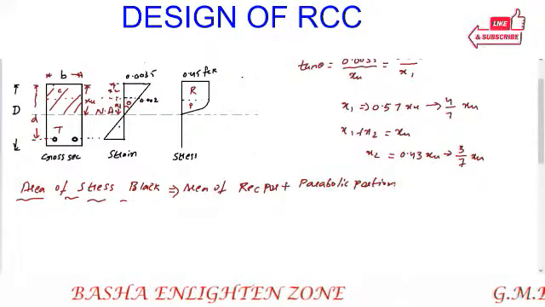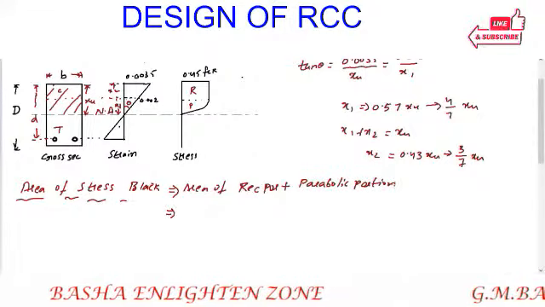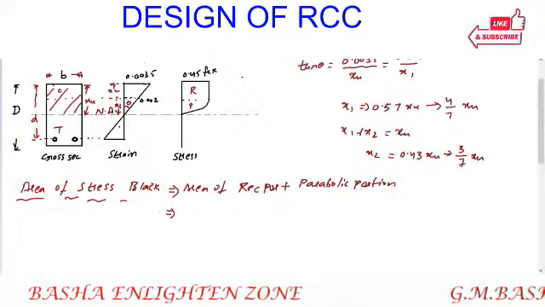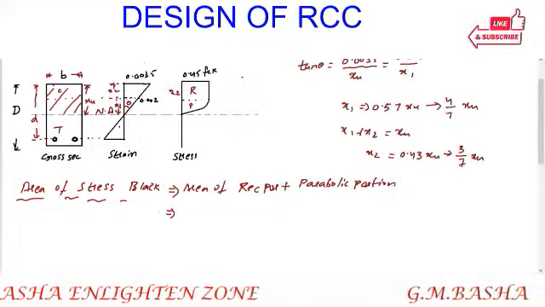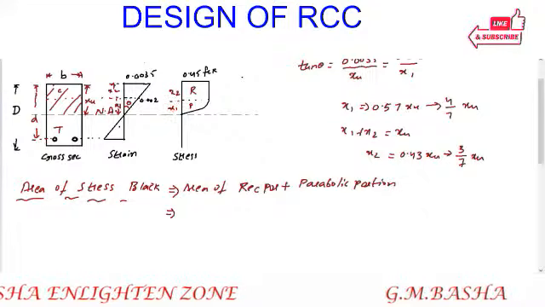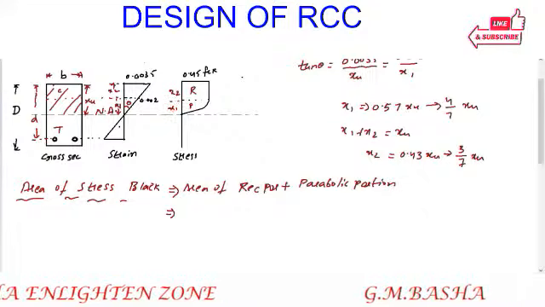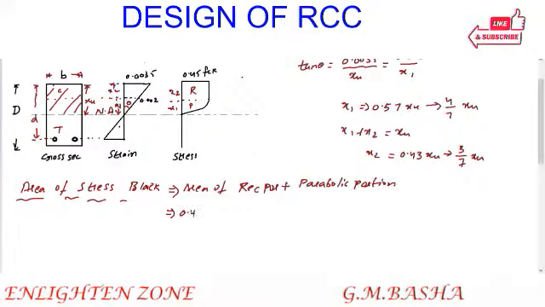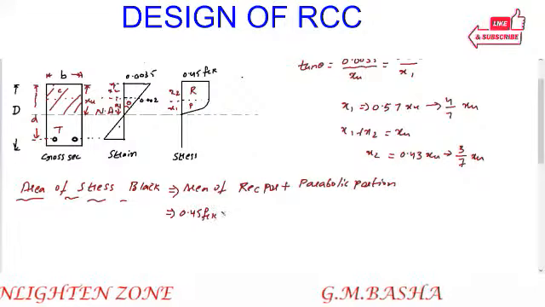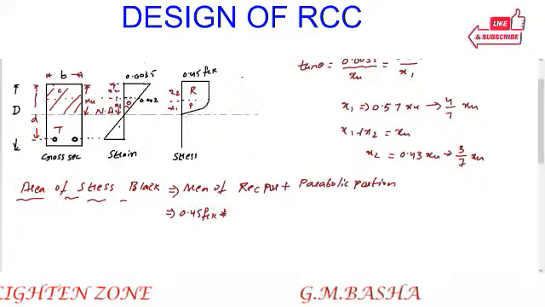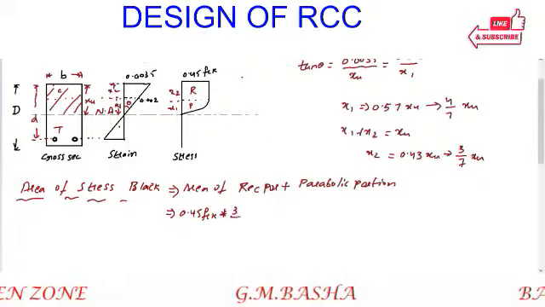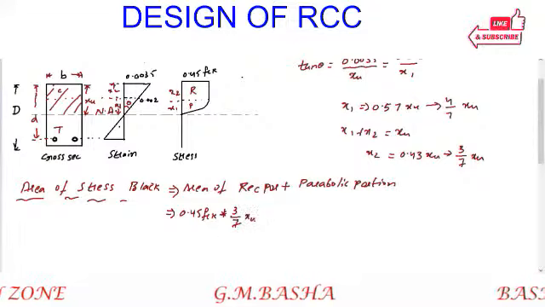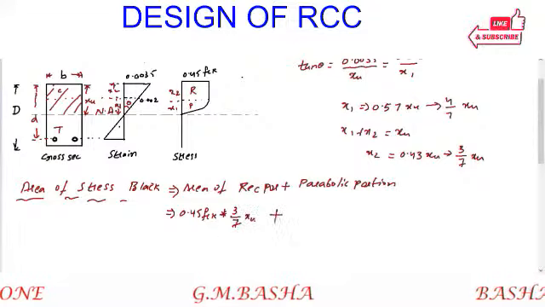You already know, if it is rectangular, you take base into height. What is the base? The base is x2, here it will be x2 and here it will be x1. So x2 into 0.45 fck, base into height. That is 0.45 fck into x2, which we already found as 3 by 7 times XU, plus the parabolic portion.